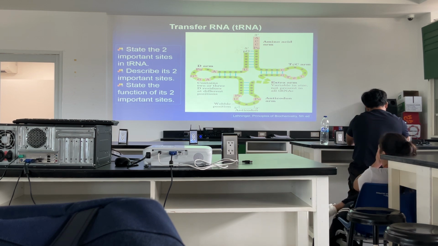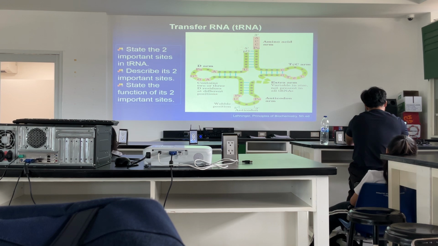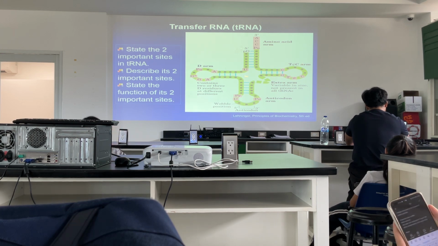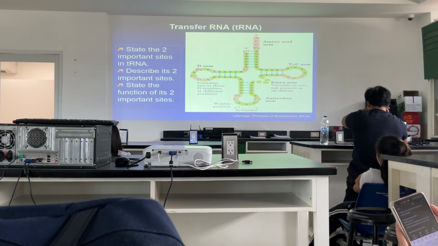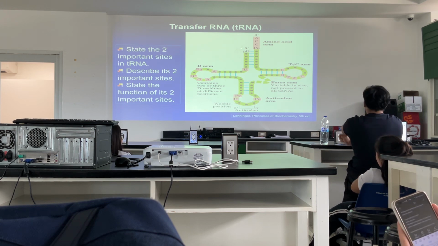This D arm and this TC arm are responsible for making it possible for the tRNA to fold back on itself and form a helix.